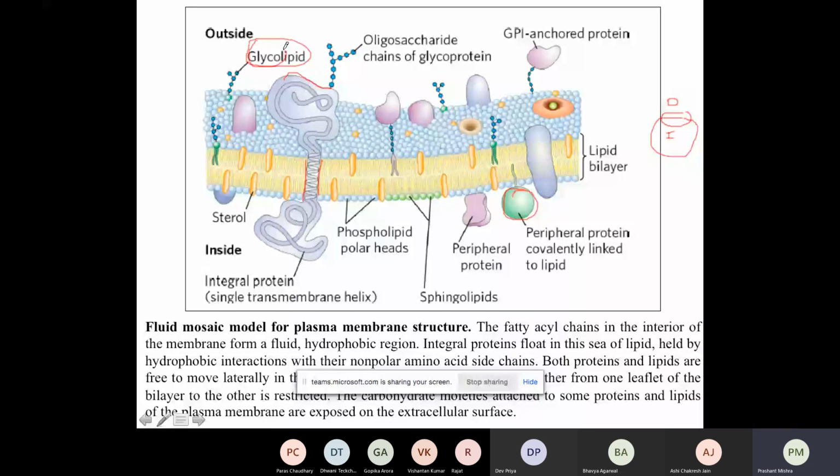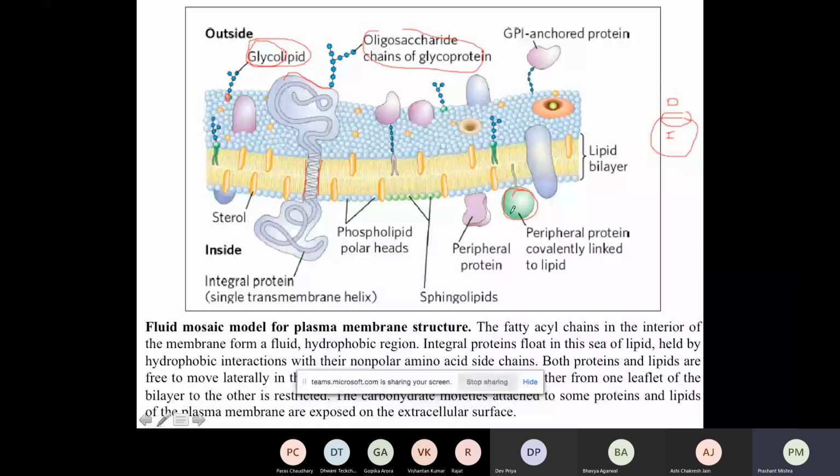Suppose this is a phospholipid, and a sugar unit is attached, so it becomes a glycolipid. You can also have the saccharide part attached to the protein, and this could be the oligosaccharide chain of a glycoprotein. This protein could be a glycoprotein. Why glyco? Because it has a carbohydrate unit attached to it.